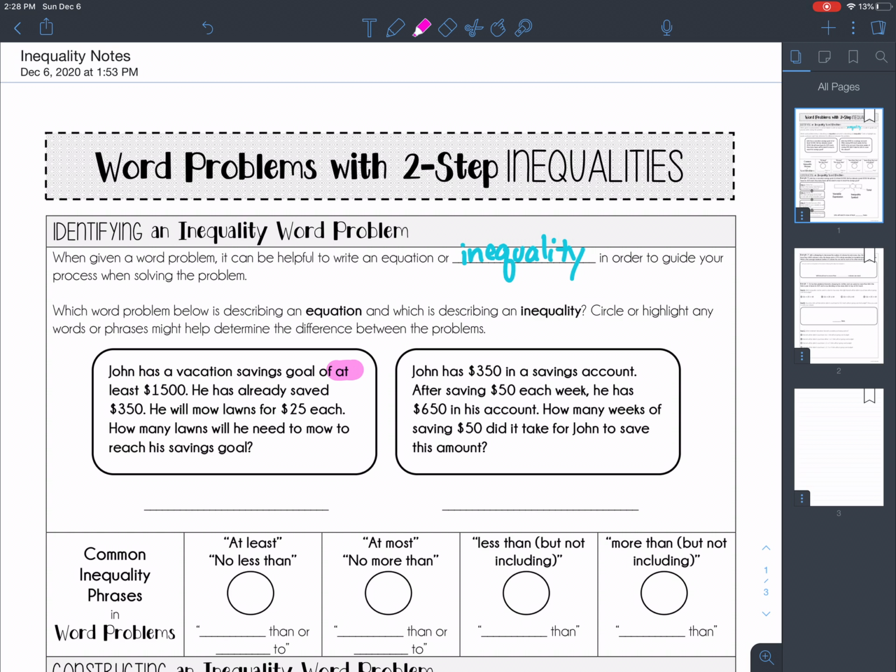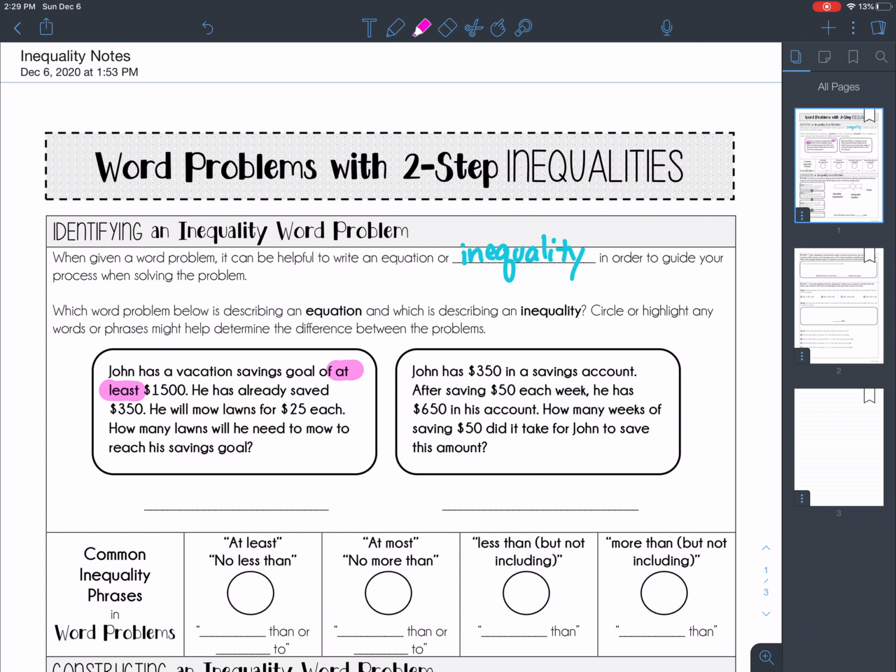At least is a key word. At least to me means that we have a goal of $1,500, but John's not going to be upset if he saves more money than $1,500. At least means $1,500 or more.